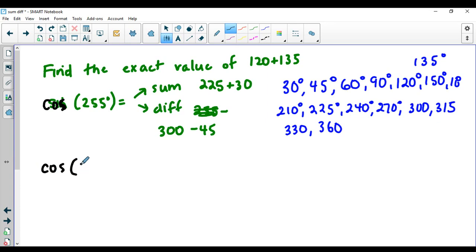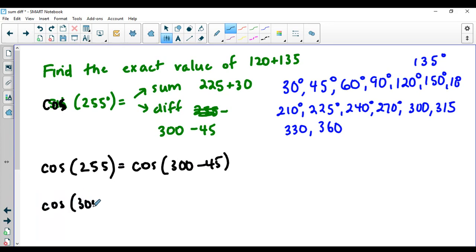Okay, so the cosine of 255, and obviously you can check your answer, you can do it both ways, can be given to us by using these values here. So the cosine of 300 minus 45 is equal to the cosine of each plus the sine of each.